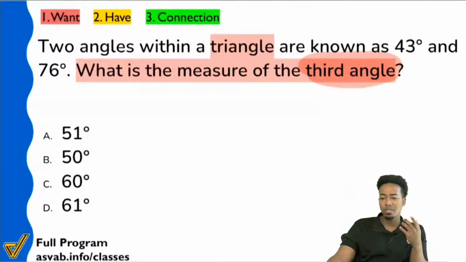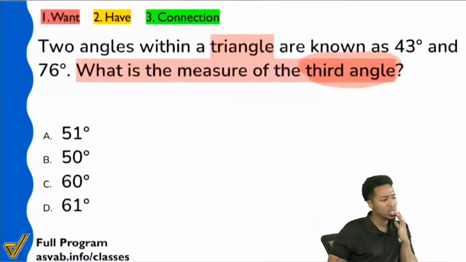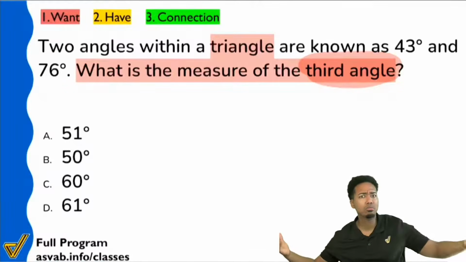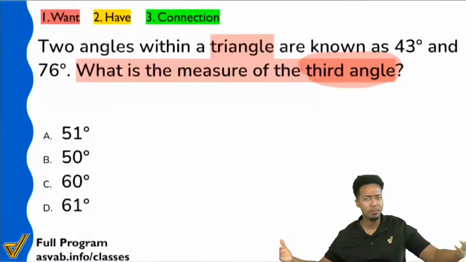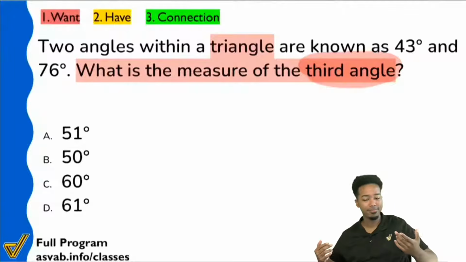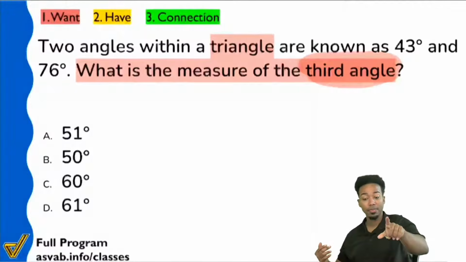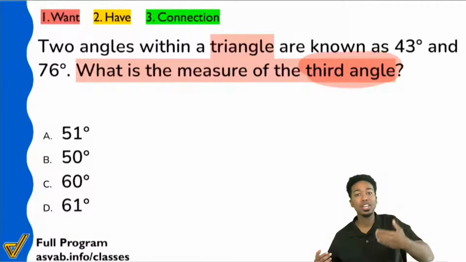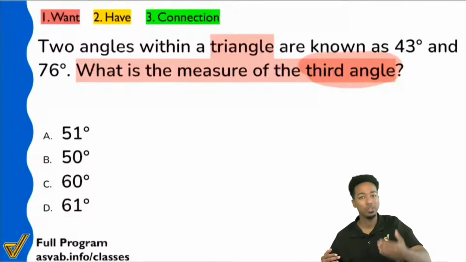Can anybody tell me how many angles? Is it one, two, three, four, seven? Can we be specific here? Three. When you add up the three angles, you get 180 degrees.